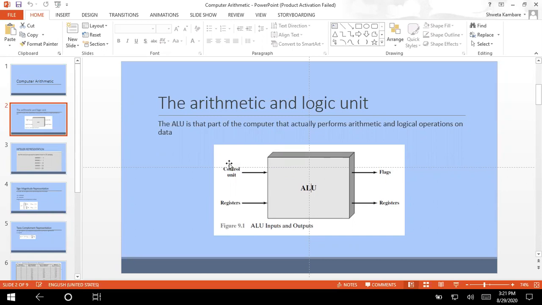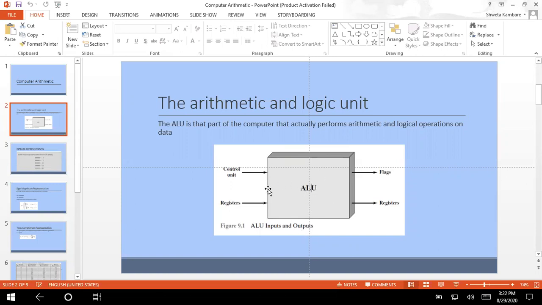Okay, so what happens is your control unit decodes the instructions and converts them into control signals. Then what happens in the ALU is only the processing, not the storage part. From the registers, it gets all the operands required for the specified operation, then processes those operands.